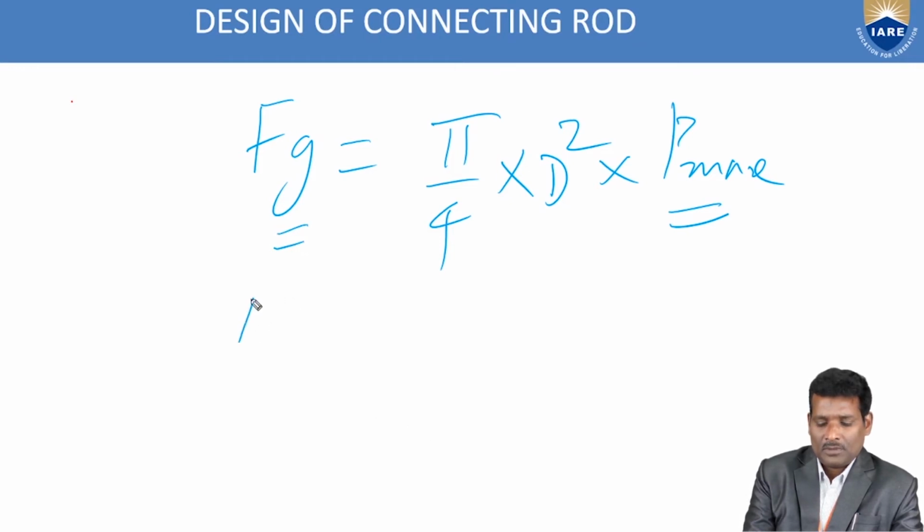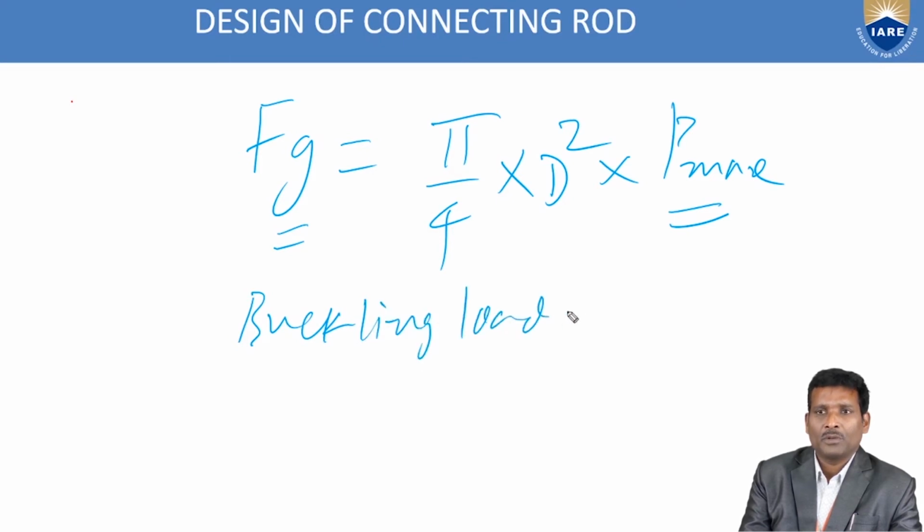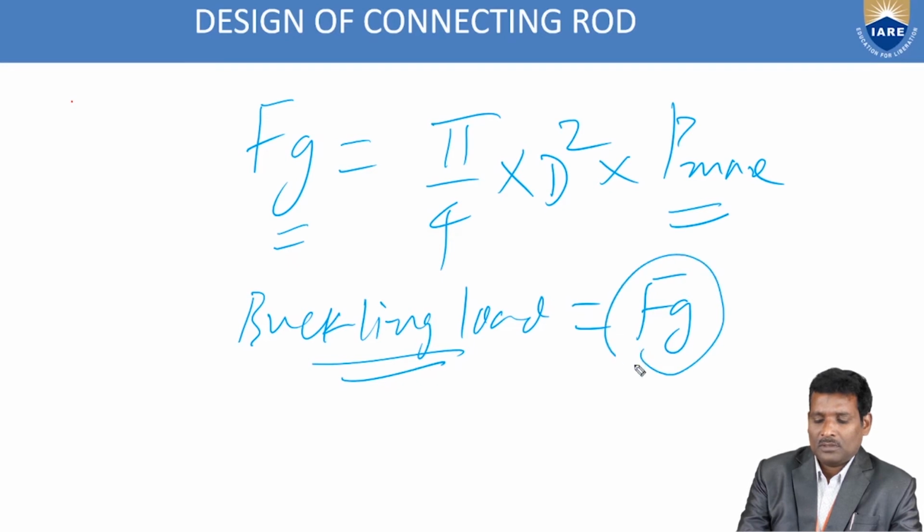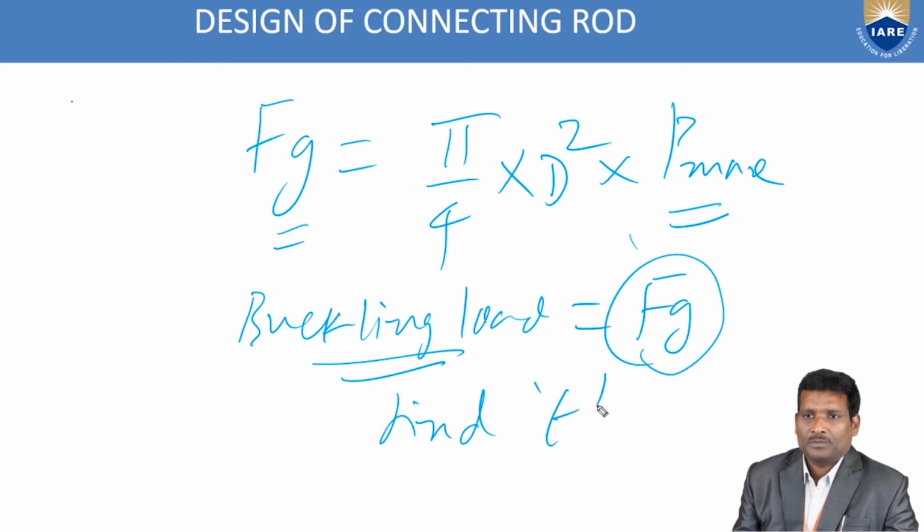So now equate the buckling load to the gas load. The buckling load you will get in terms of small t, and this value is obtained from this relation. Equate this value to the buckling load and you will find the t value.